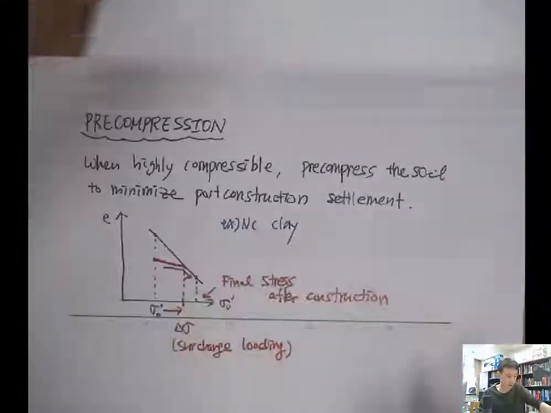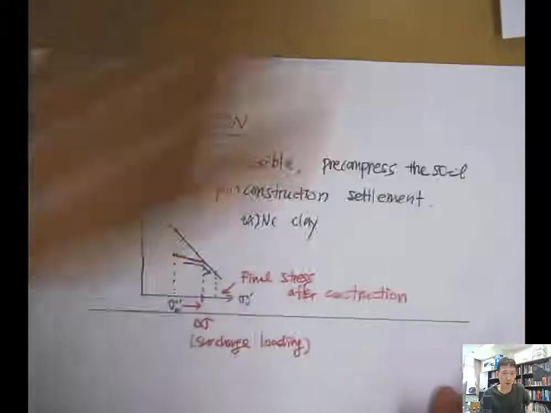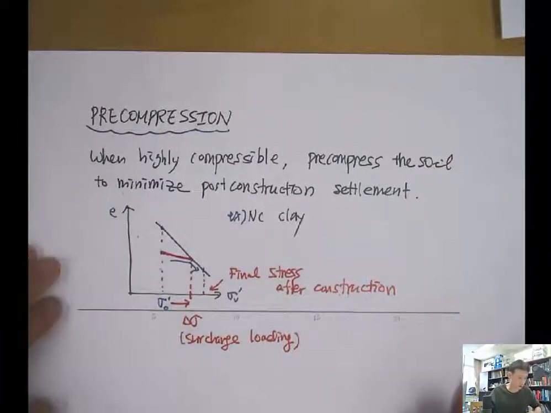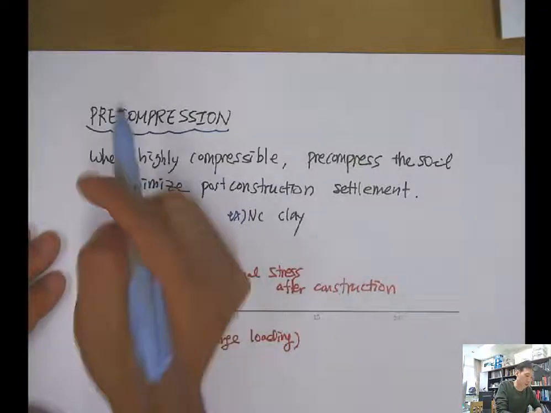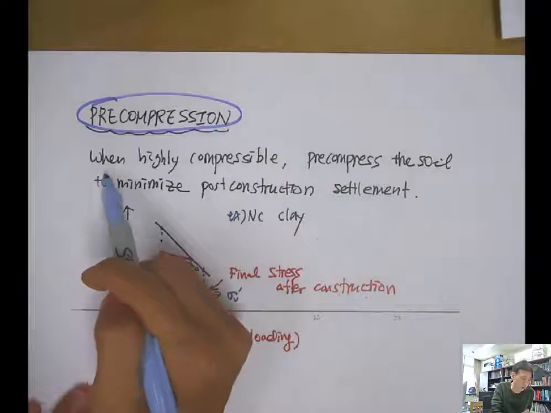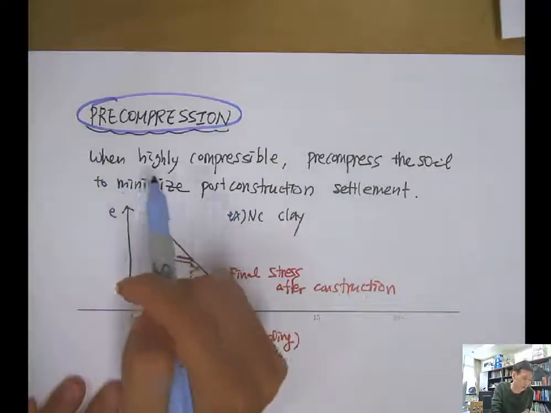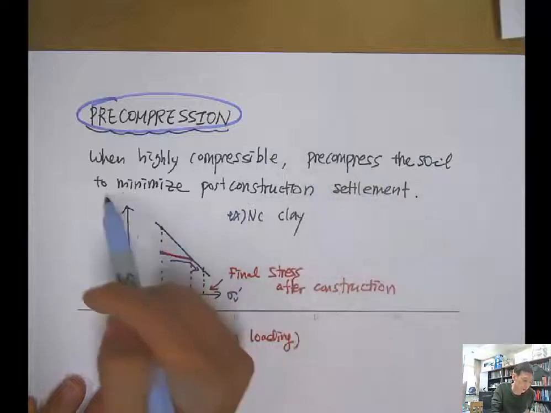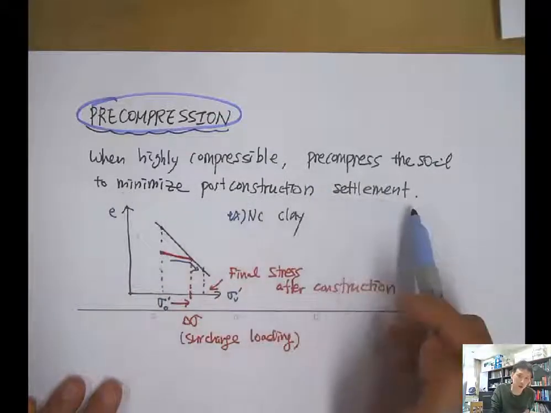And then the last one is I would like to share and explain the concept of the pre-compression. So pre-compression is when the soil or the clay layer, compressible soil layer is highly compressible, pre-compress the soil to minimize the post-construction settlement.